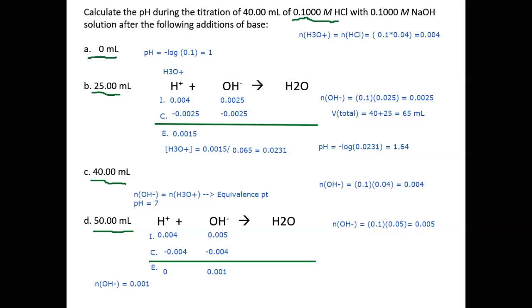We need to find the new volume. It's 50 plus 40. And now we can find the new concentration of hydroxide.